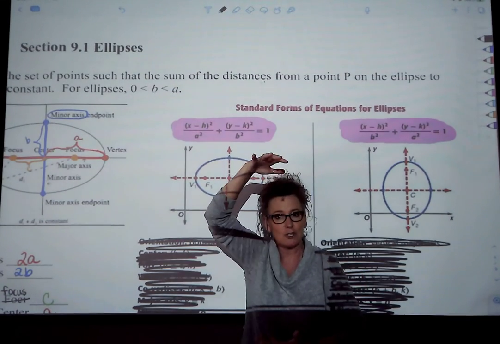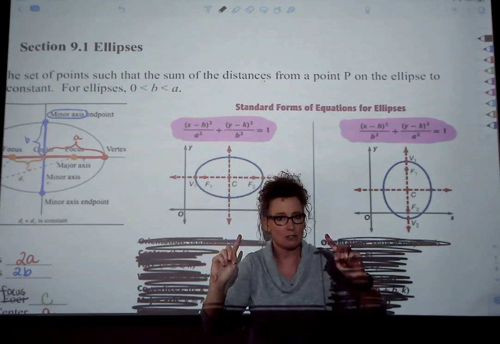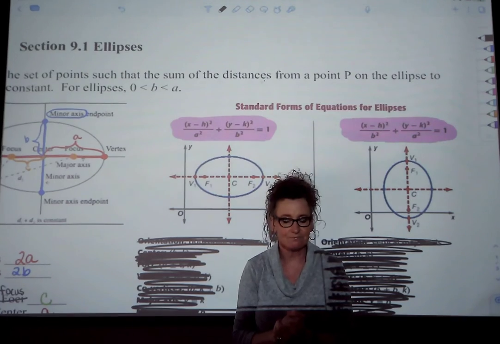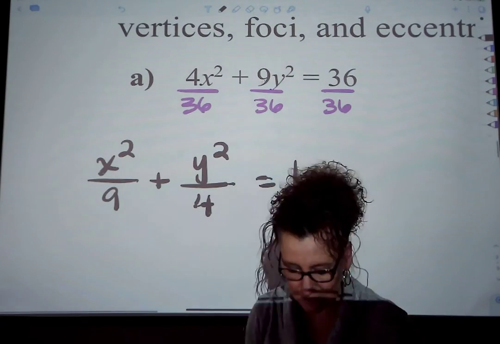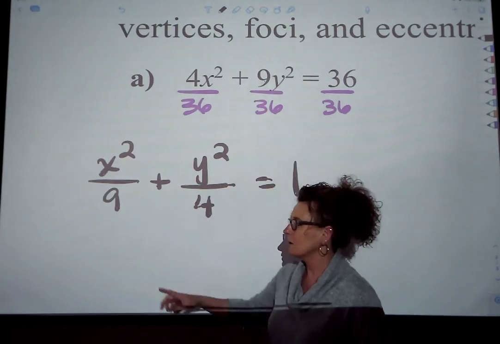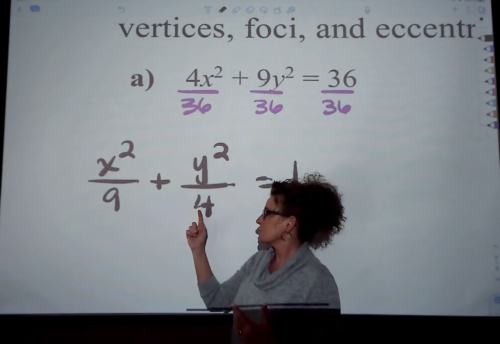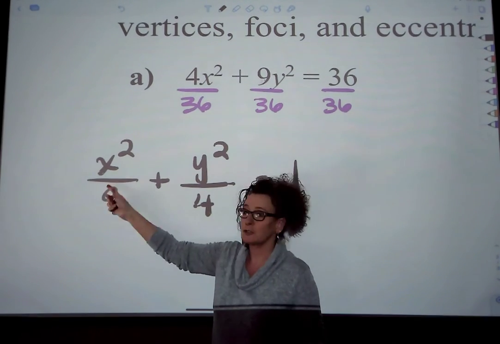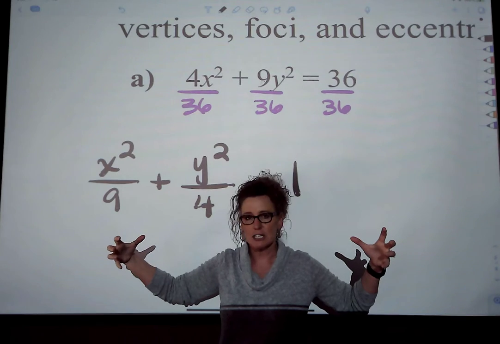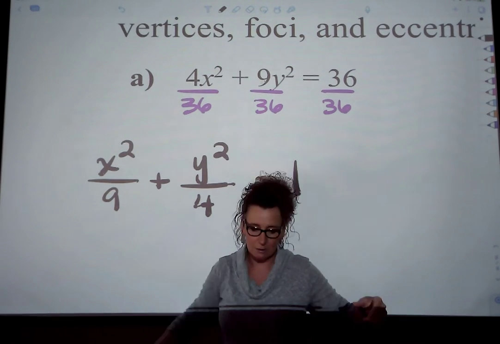So it wouldn't be stretchy in either direction, and it would be a circle. Is this an ellipse or a circle? Well, this would be 3 squared, this would be 2 squared. These numbers are obviously different, so it's more stretchy in the x direction. So it's an ellipse.